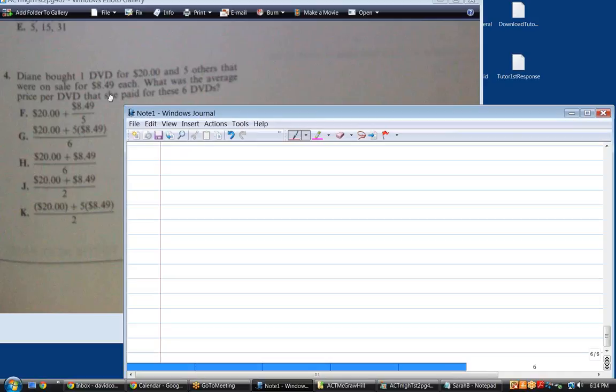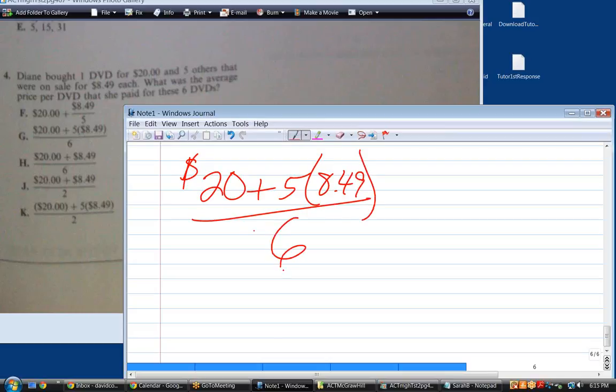In other words, this is a perfect example. If we didn't look at the answers, we might spend a lot of time coming up with the exact number. What was the average price per CD that she paid? Well, what would we do? If we were trying to come up with the exact number, how would we write it? Well, I would write it the way they did in G. Okay, so in other words, $20 plus 5 times 8.49, all divided by 6.